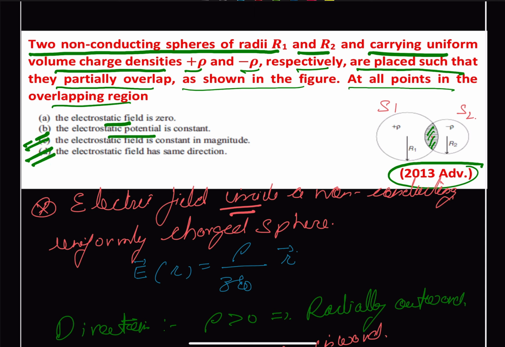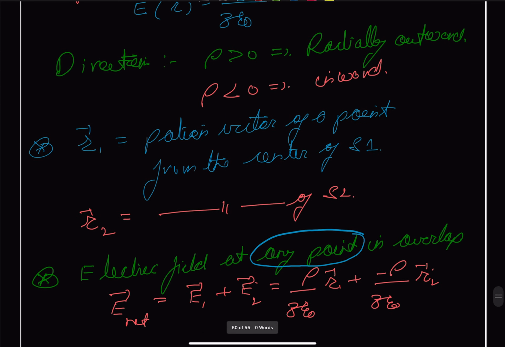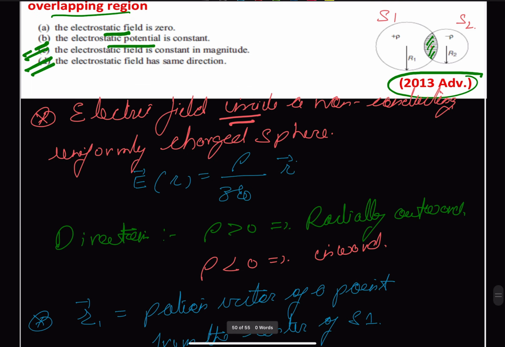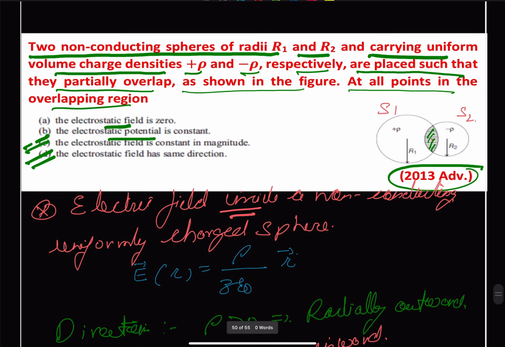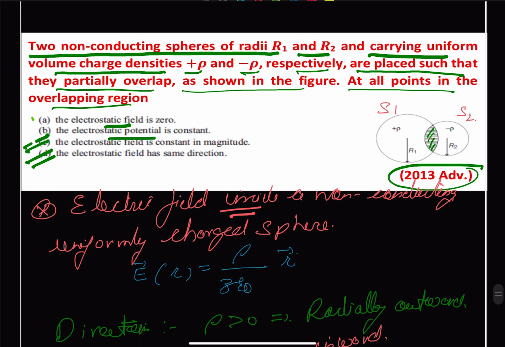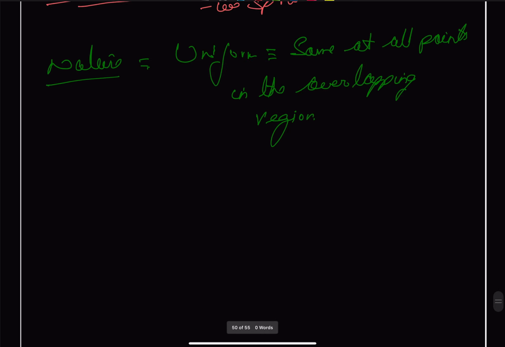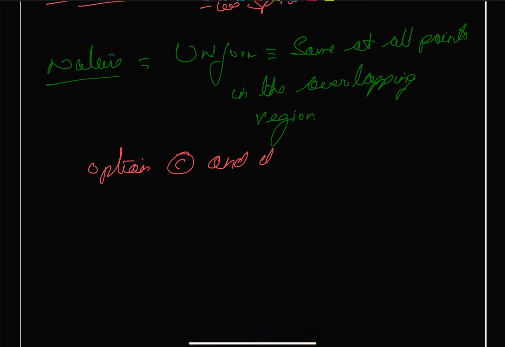So C and D are the correct ones. Next we find another thing, that is the electrostatic potential. The electrostatic field is not zero, so obviously A is incorrect. So C and D are correct.